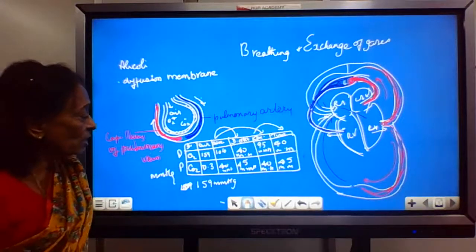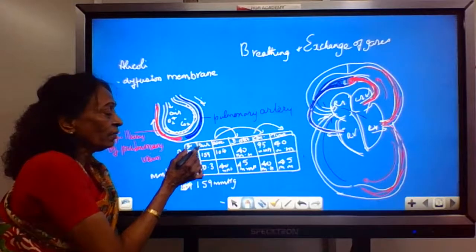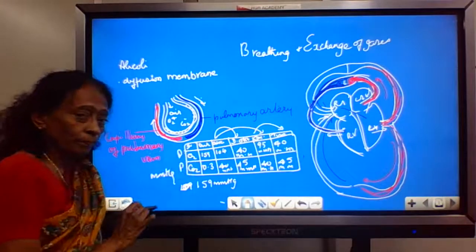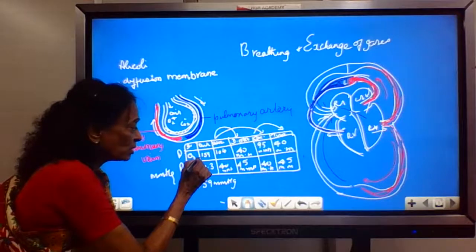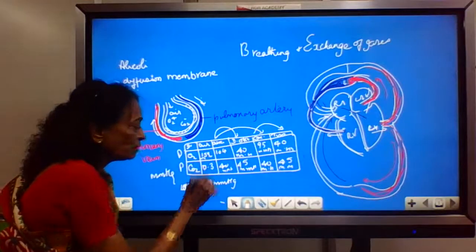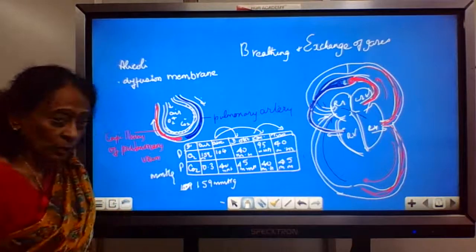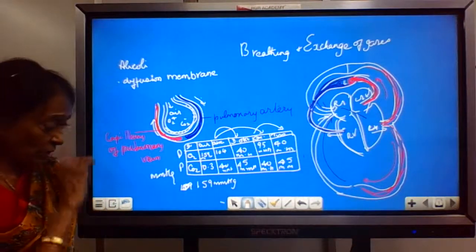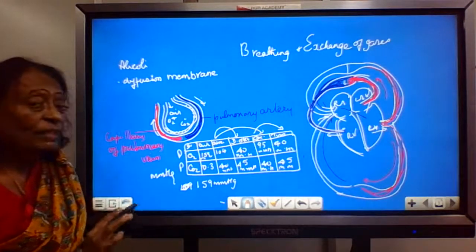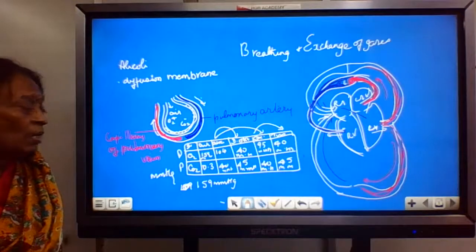To repeat, the partial pressure of oxygen in the outside air is 159 mmHg. Carbon dioxide is very little, provided the air is not polluted. This is the data given; it will vary from place to place.